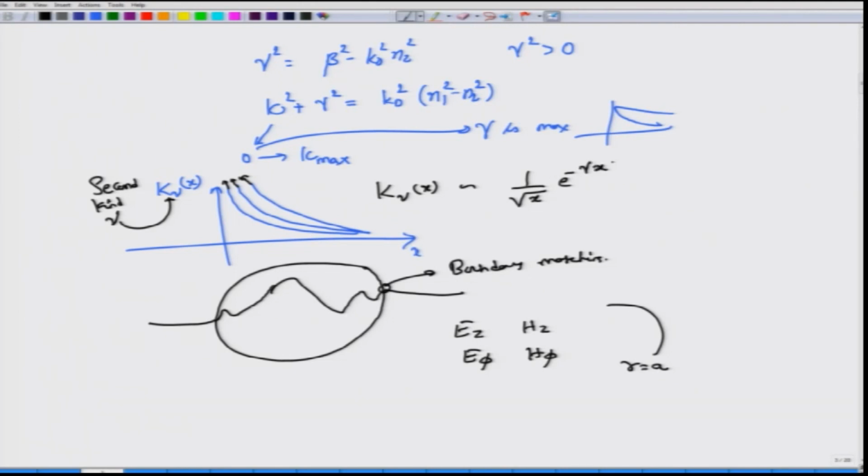This gamma need not be the same gamma, but it could be the same gamma in case you are applying these equations to the fiber. So, you have these 2 types of Bessel functions. Just for the record, there are other categories of Bessel functions, some of them go like this. These are clearly not allowed solutions, because they are not decaying outward. So, we have only Bessel functions of the first kind of order nu and second kind of order nu as the solutions.